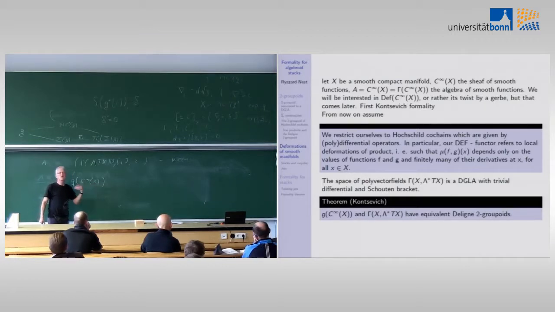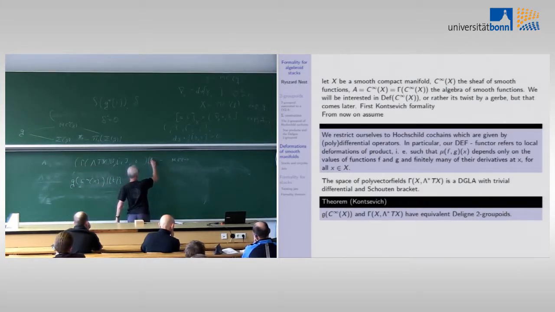It's equivalent to requiring a certain kind of continuity. And it's another DGLA. If I again put in coefficients for my power series, now the basic statement is that there's an L infinity quasi-isomorphism between those two.